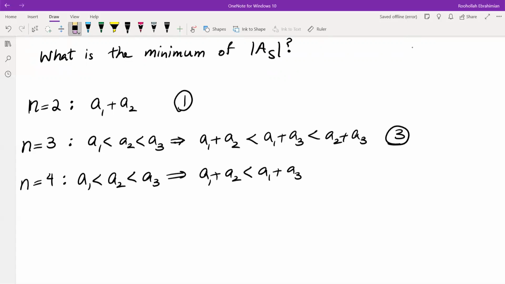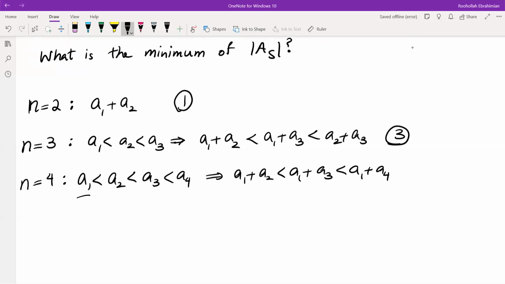So we have A1, A2, A3. So the smallest elements that we're gonna get are A1 plus A2, then A1 plus A3. Oh, there's A4 here that I missed. So the elements are going to be A1 plus A2, A1 plus A3, and A1 plus A4. Okay, so for sure I know that there are 3 elements. But then after that, you could start getting larger, although there might be some things that you wouldn't know which one is smaller.